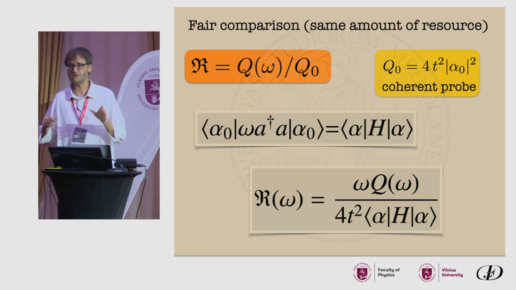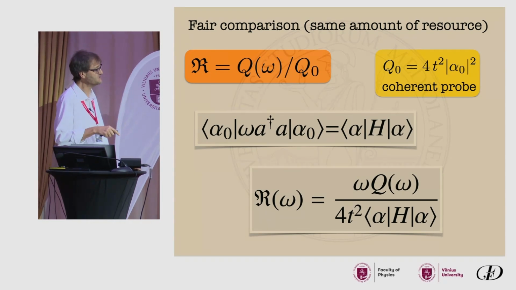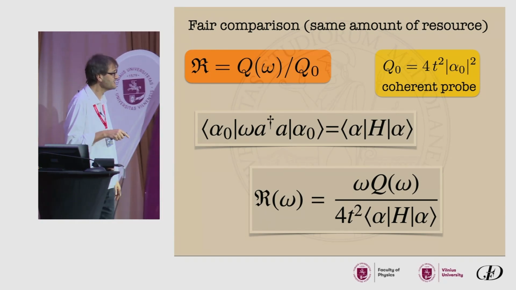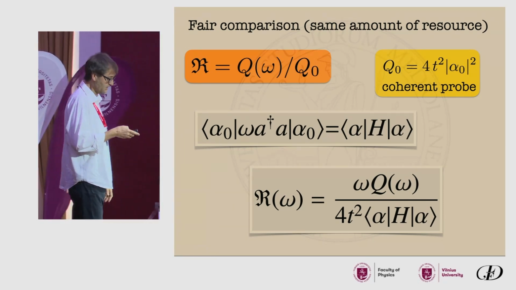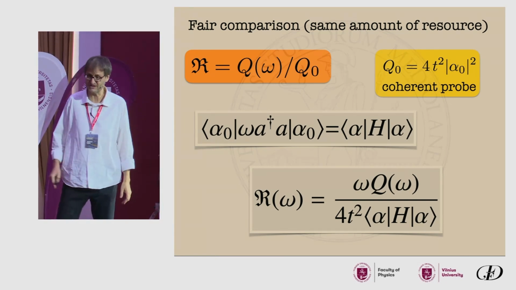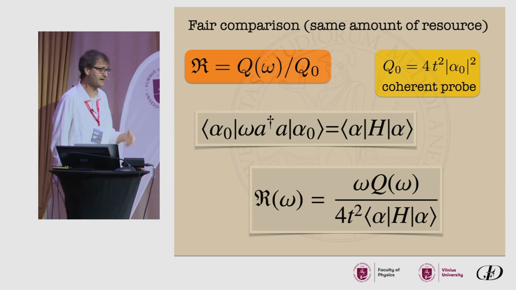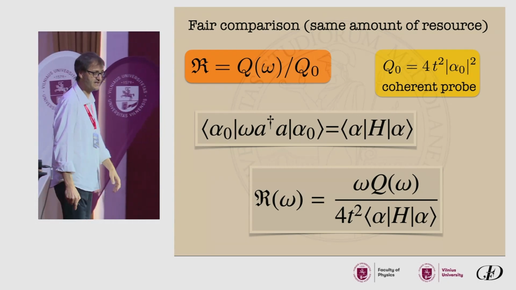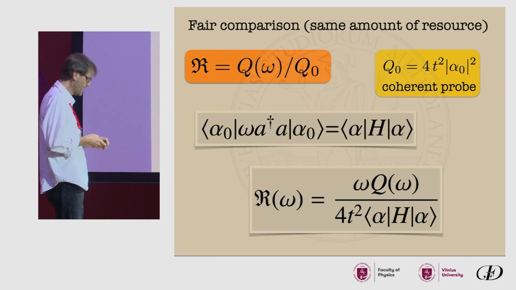And in order to ensure that they have at their disposal the same amount of energy, we have to impose this equality. This is the alpha we are using in the new strategy, and then we give a bit more energy to the old strategy in order to match, because the free evolution is passive, while if you ask for nonlinearities, then they are active. They are adding energy to your system.